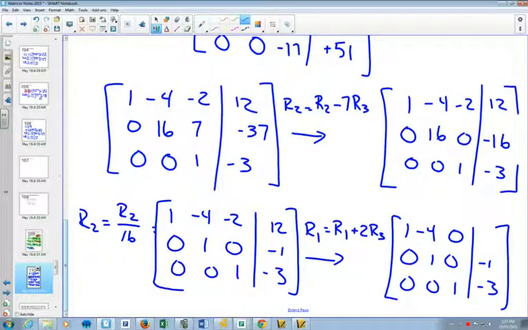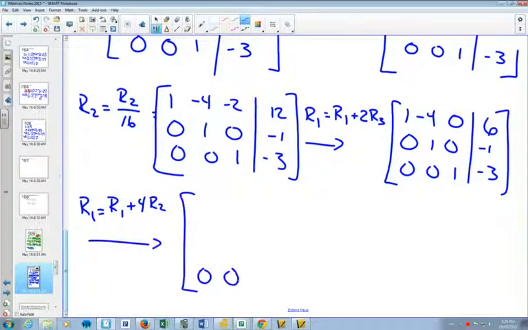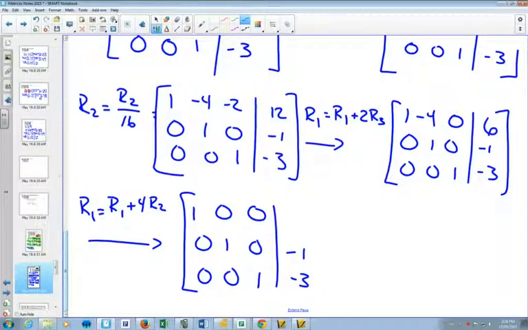And 2 times negative 3, that'll make this 6. And finally, row 1 plus 4 row 2's. We'll make this 2. Yay!